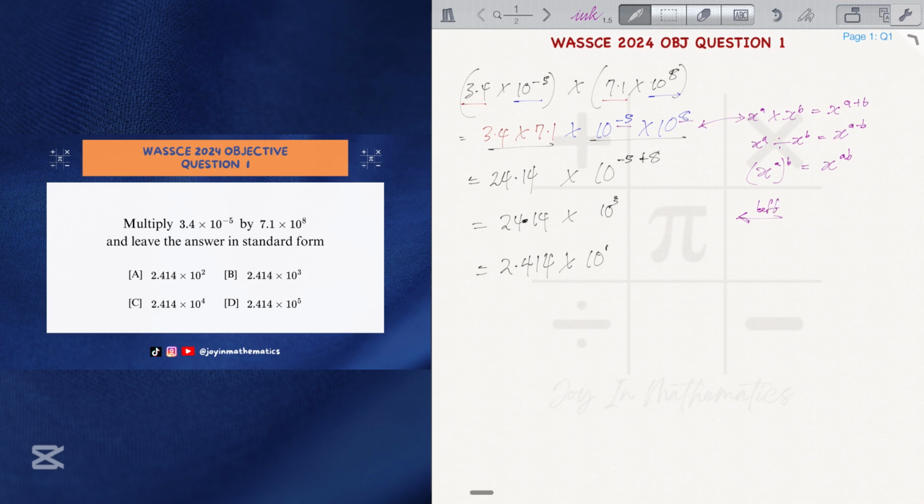When we move the decimal place to the left, we multiply by 10 raised to the power of a positive value of how many times we move it, and if we move it to the right, that means we are multiplying by 10 raised to the power of a negative value. So if we want to move 24.14 one step to the right, it will be 241.4 multiplied by 10 raised to the power minus 1.